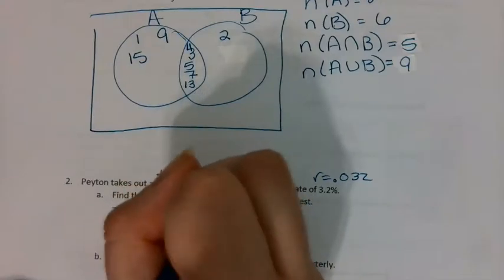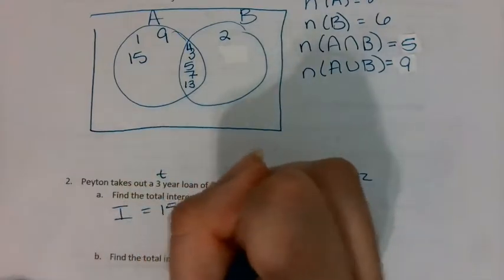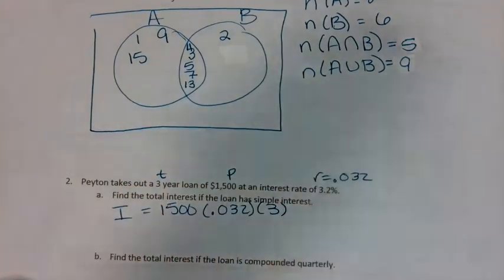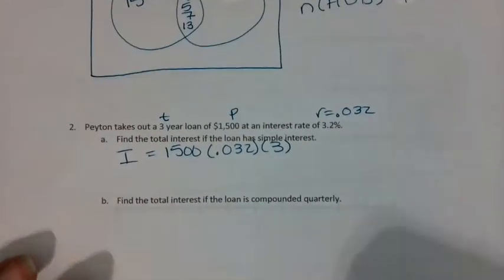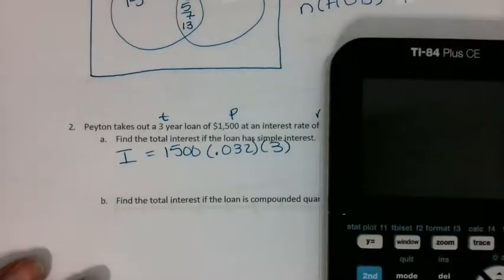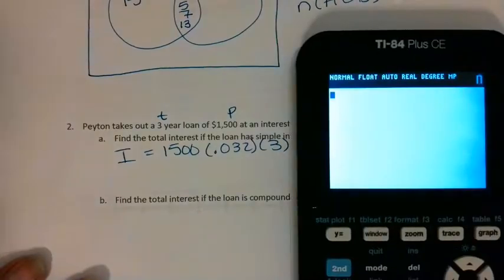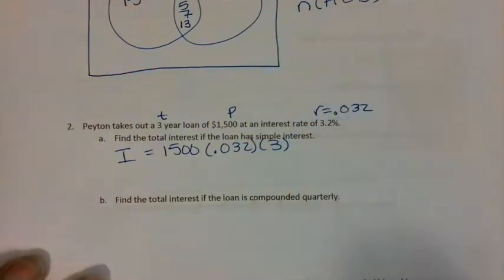So I have 1500 times 0.032 times 3. I want to multiply those 3 numbers together, and I get 144.